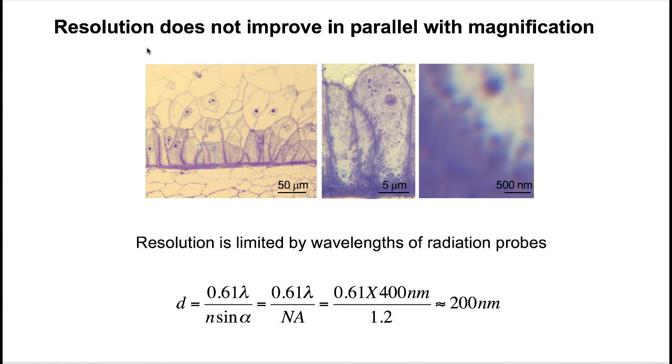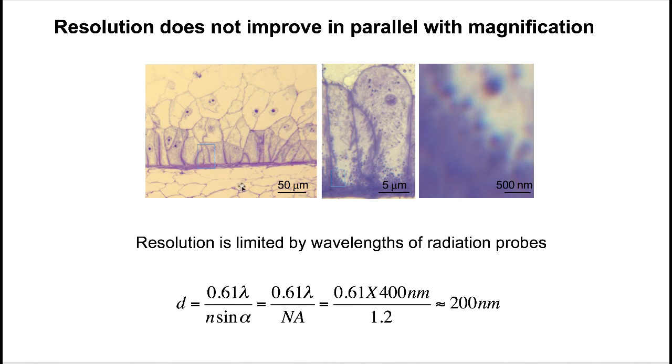I'll explain this situation in more detail using a real electron micrograph. This is a bright field micrograph of a maize endosperm. This epidermal cell layer of the endosperm is called the basal endosperm transfer cell layer.